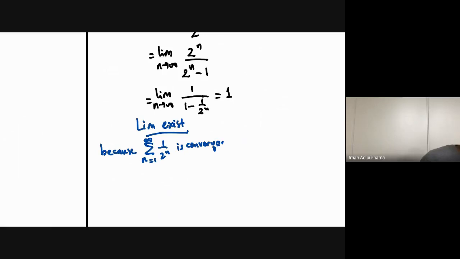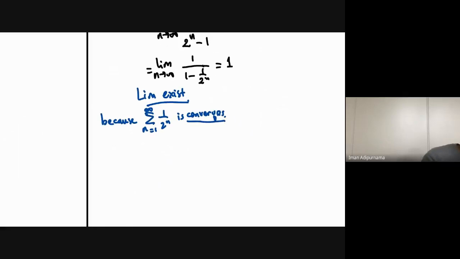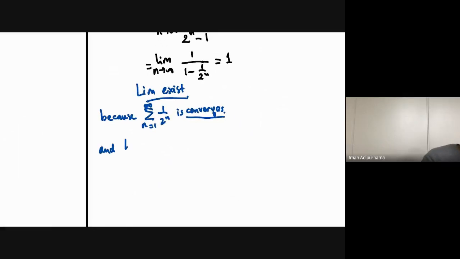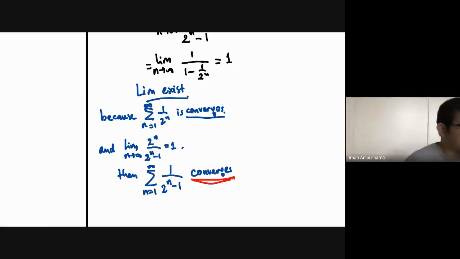Because this converges, and the limit is equal to 1, then this series is also convergent.